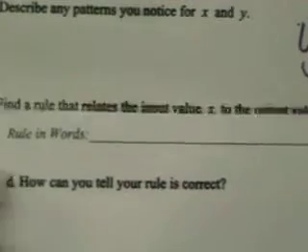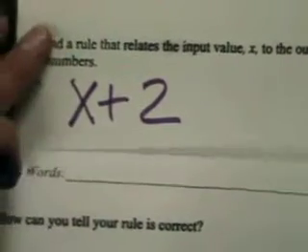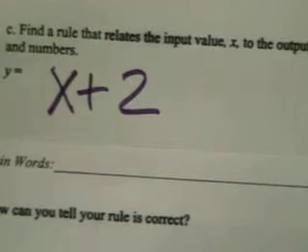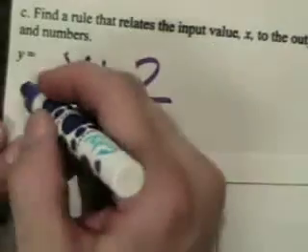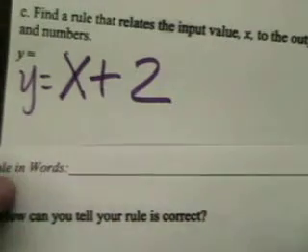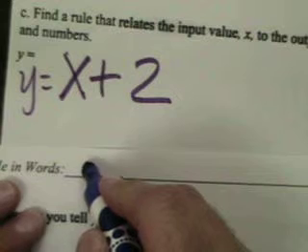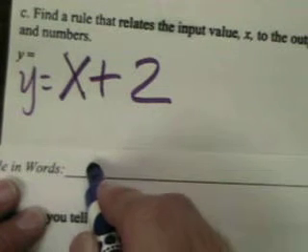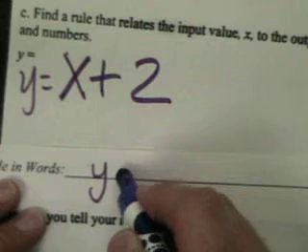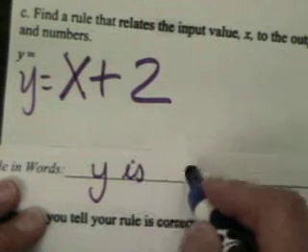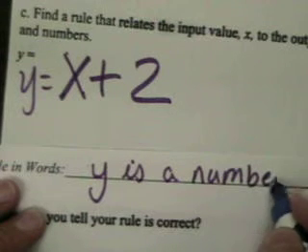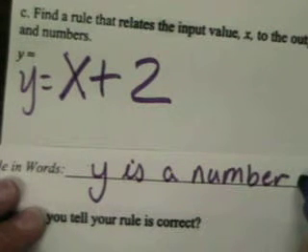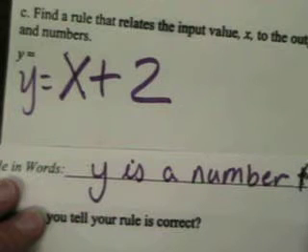Then they ask us to write the rule in words. And so, let's see if I can write this rule in words. Okay. So let's see, it was y equals that. So let's see. y is a number plus 2.